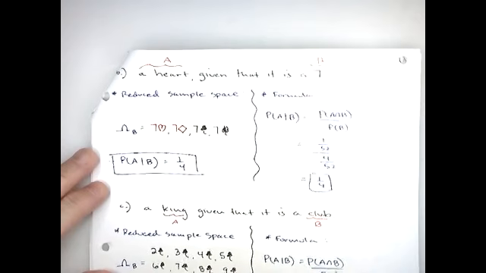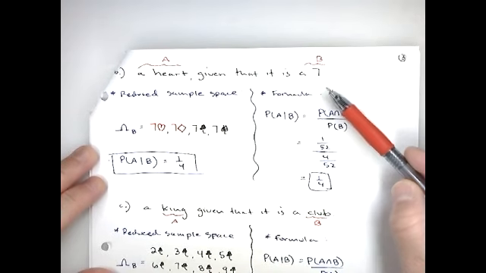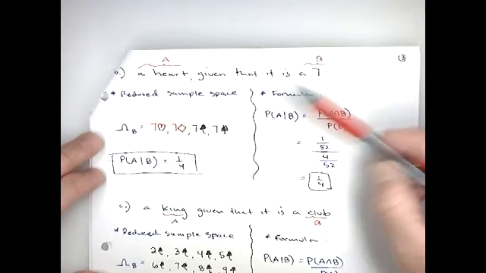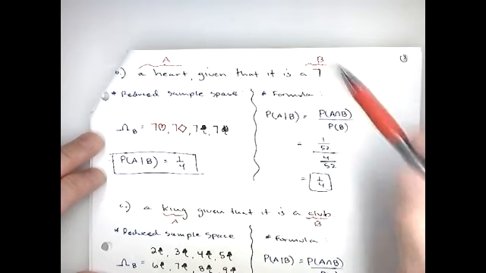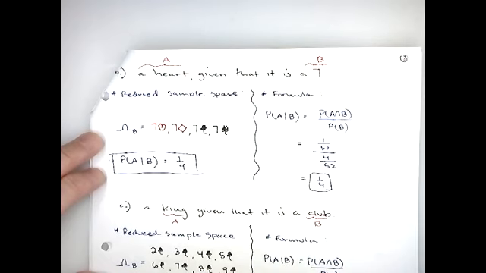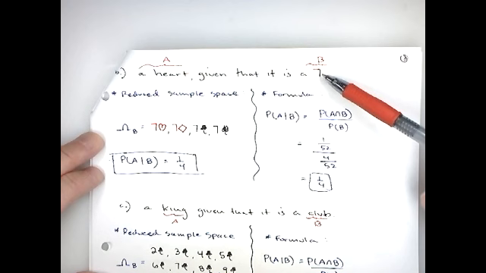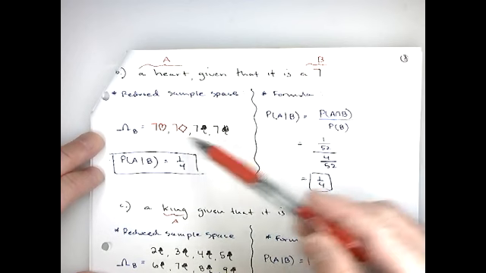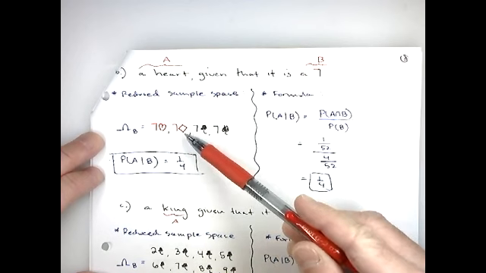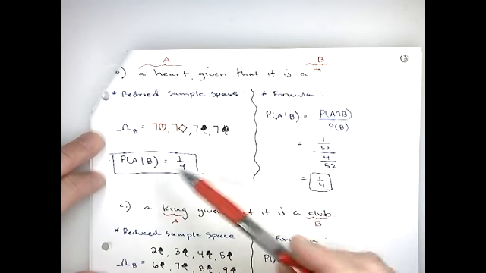Okay, and here's another one. Let's say we pick a card. We want to find the probability that it is a heart, given that it is a 7. If you look at the reduced sample space, we already know we picked a 7, so we have 4 sevens, right? A 7 of hearts, 7 of diamonds, 7 of clubs, 7 of spades.